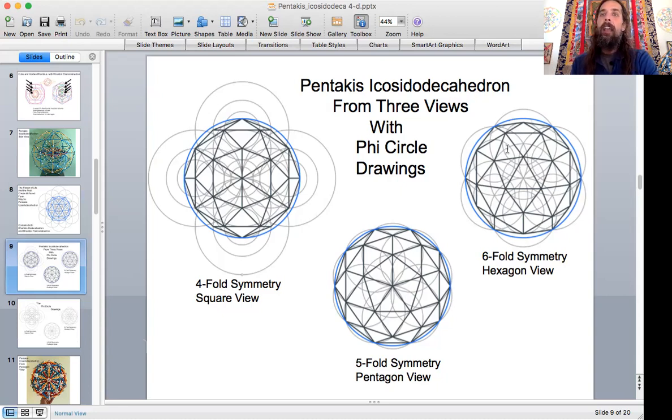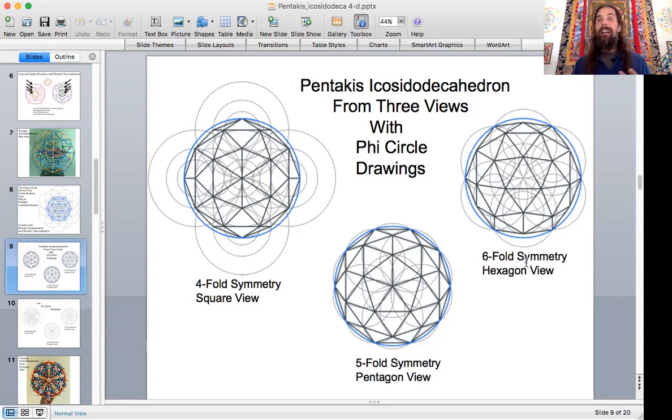Think of cracking an egg and seeing the white and the yellow yolk. You've got a white and the smaller circle in the middle. So you have that here, and that gives you all the points that you need without adding any other circles to draw this Pentakis Icosidodecahedron.